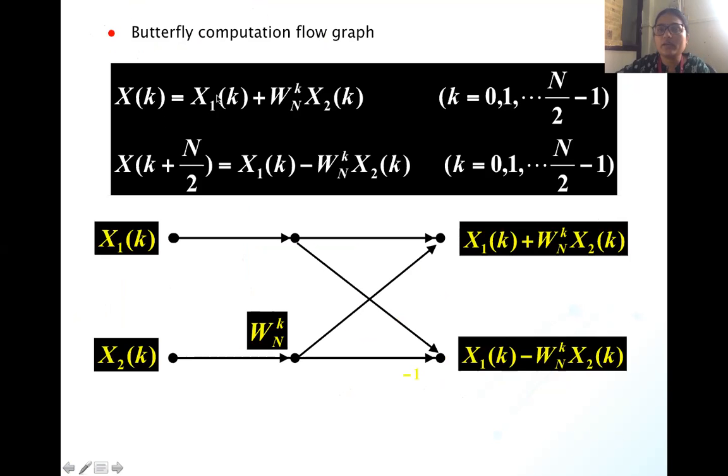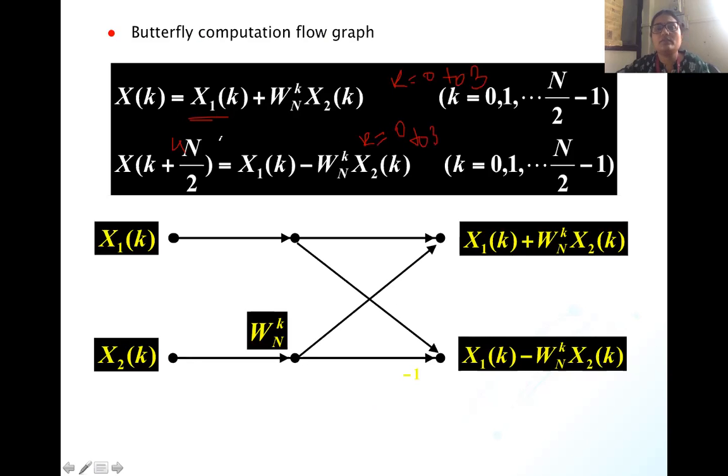The half points are calculated by performing addition operation, and the remaining half points N by 2 plus k. So this is if I'm considering 8-point DFT. For 8-point DFT, k varies from 0 to 3. 0 to 3 values have been calculated by this formula, and for the remaining, N by 2 means 4, so k plus 4, for k equal to 0 to 3.